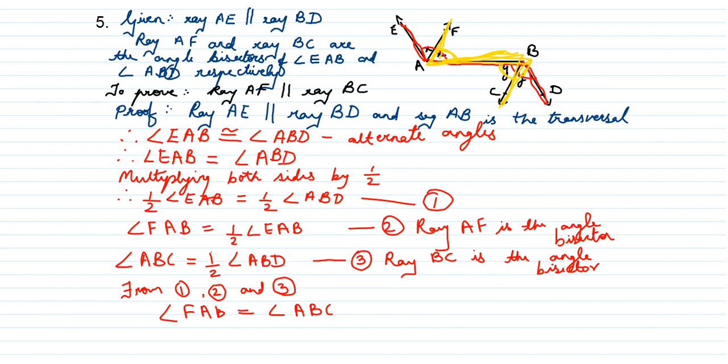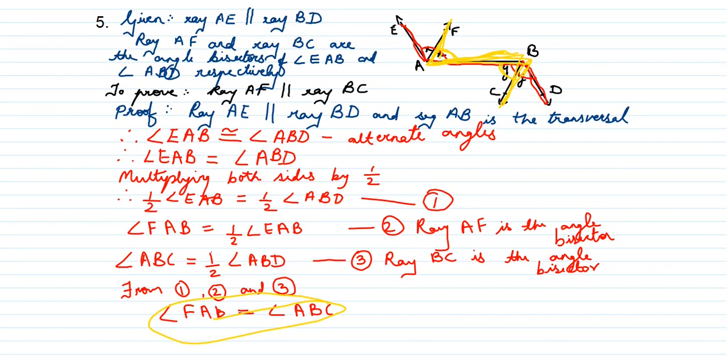We have proved over here that angle FAB is congruent to angle ABC. Since they are congruent to each other, we can say that ray AF and ray BC are parallel to each other. Why? Because we have learned in the alternate angle test that if the alternate angles are congruent, then the lines will be parallel. So we can conclude over here, since the alternate angles are congruent, the rays AF and BC are parallel to each other.